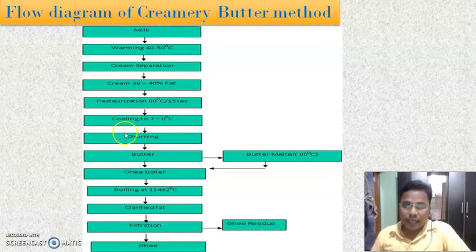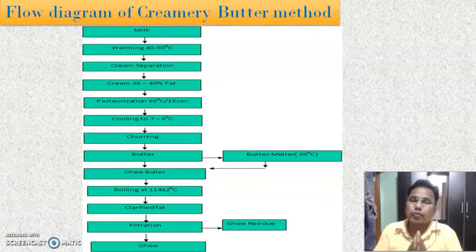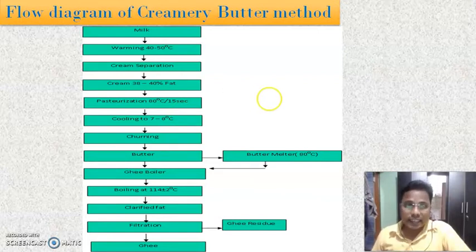Generally on an industrial scale various churners are used, and by using that churner, this cream is churned, and so it converts to butter.